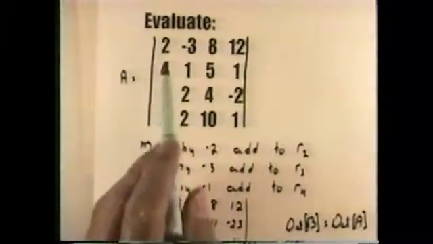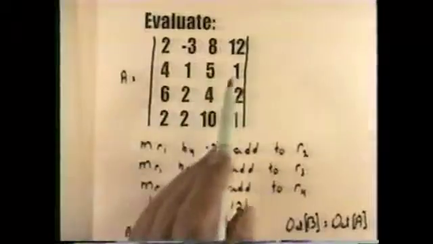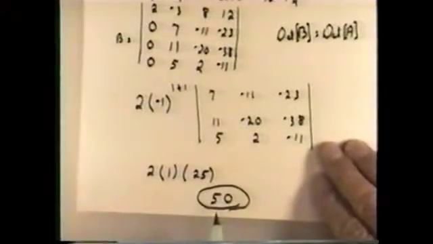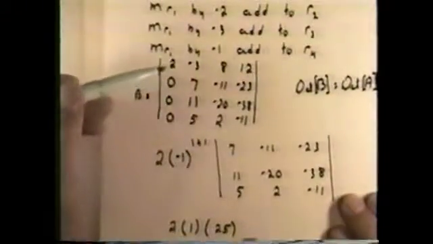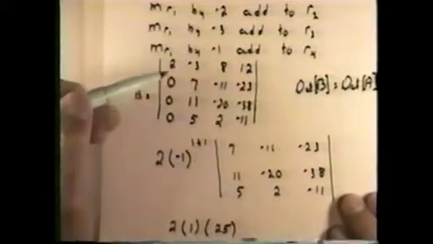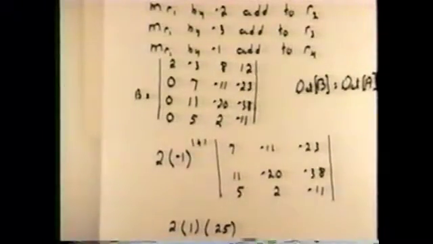So the determinant of 2, negative 3, 8, 12, 4, 1, 5, 1, 6, 2, 4, negative 2, 2, 2, 10, 1 is 50. And by fixing it so that the first column had one non-zero number and all the rest zeros, it made it a fairly easy problem.